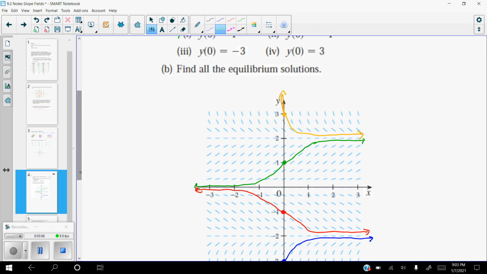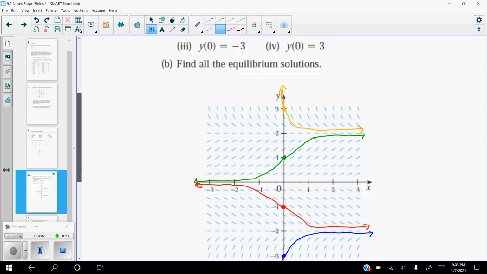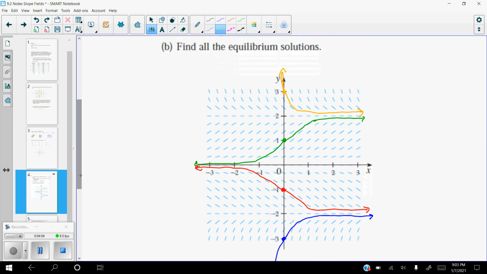All right, and then part B says find all the equilibrium solutions. It might not be something that you've heard before, and I know we haven't talked about it here, but an equilibrium solution is simply when the rate of change, or the derivative, is 0. So we are looking for all the places where y prime is 0. That's relatively easy to see because if your derivative is 0, everything is horizontal.